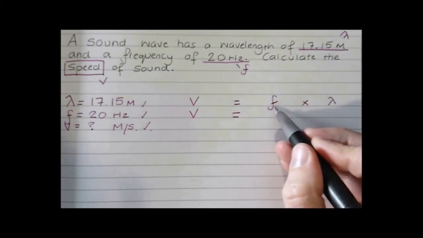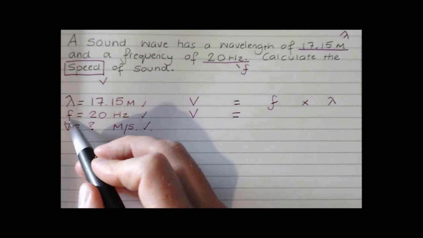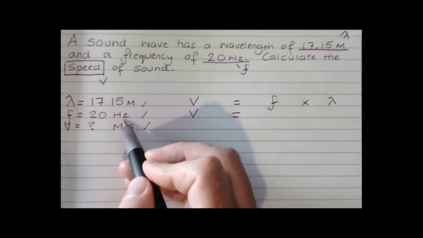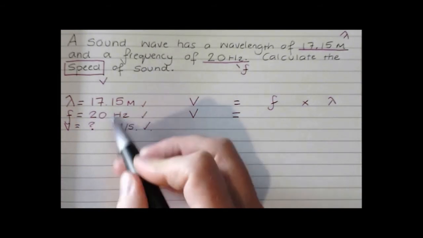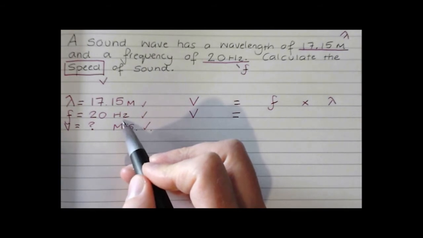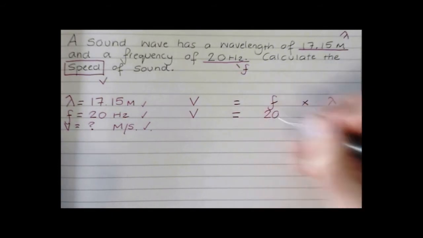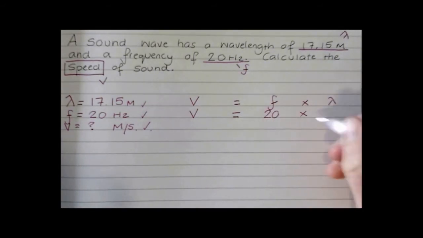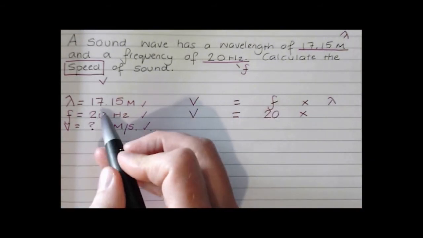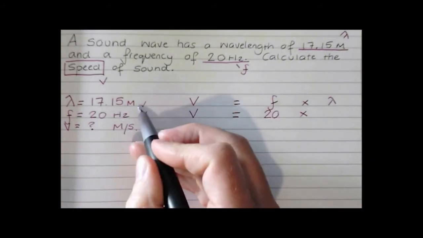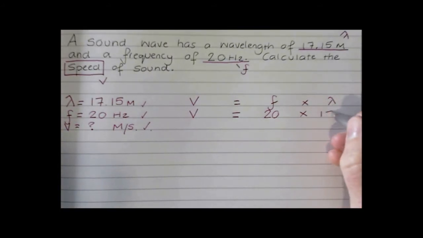Now, f has been replaced by this 20 hertz. And we don't need to put the units in. We just need to have checked that they are right. So we're just going to write 20. Follow down, multiplication. And rather than lambda, we are going to put in 17.15. Again, we don't need the units.